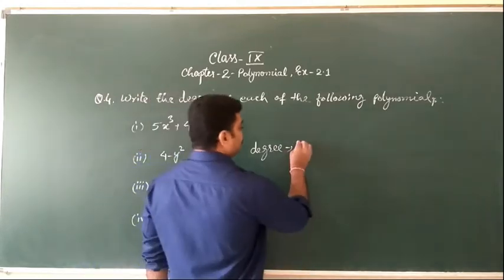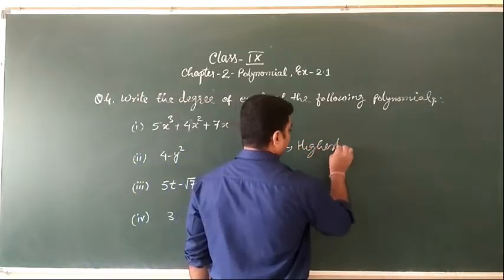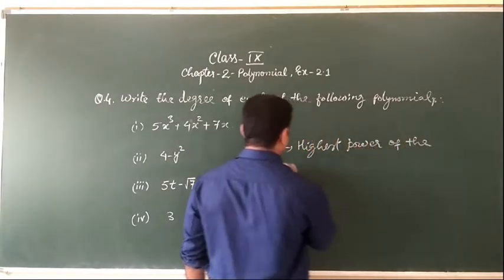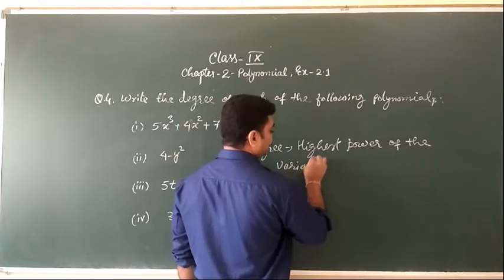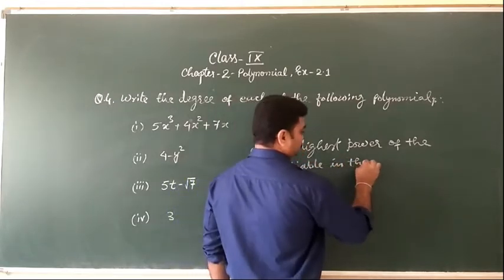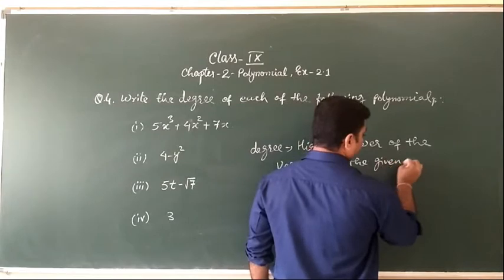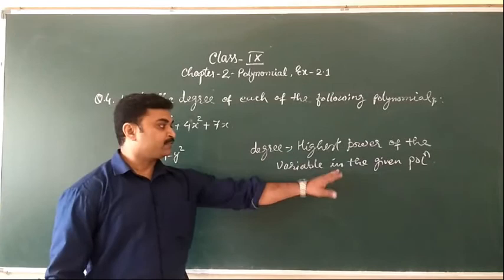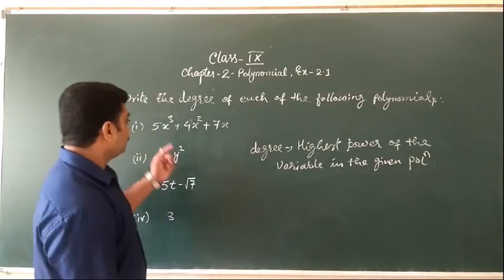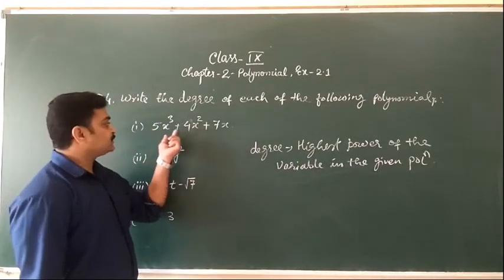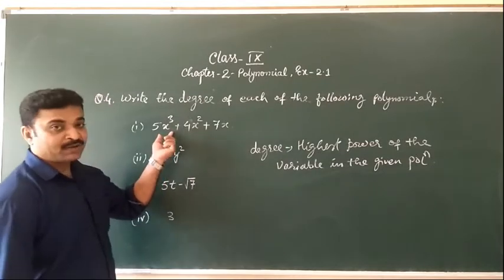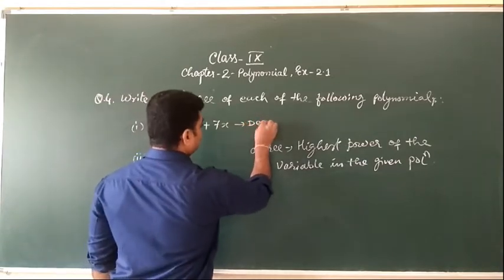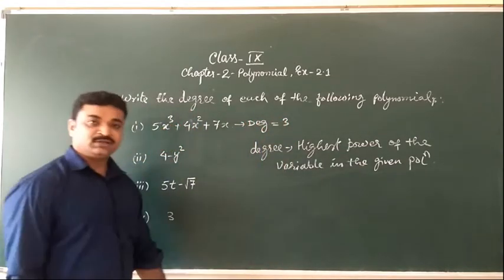Yes, highest power of the variable in the given polynomial. It is the degree. So here variable is x. Highest power is 3, 2, 1. That is, highest power is 3. So degree is equal to 3.